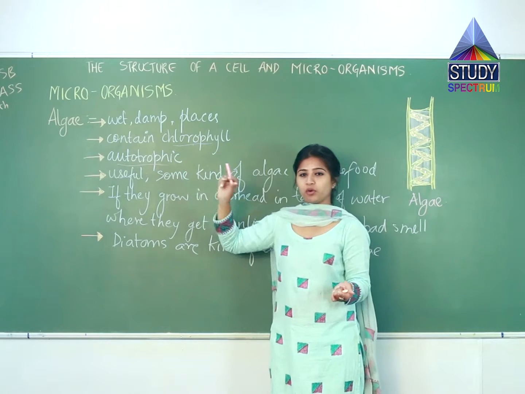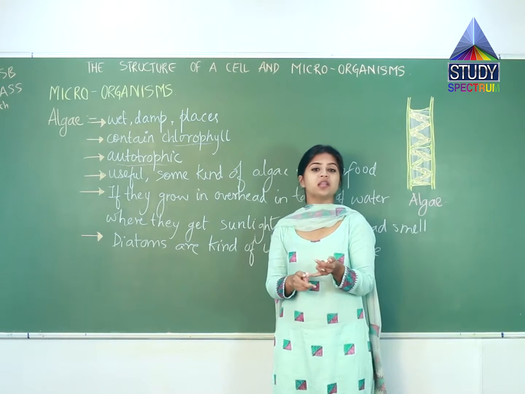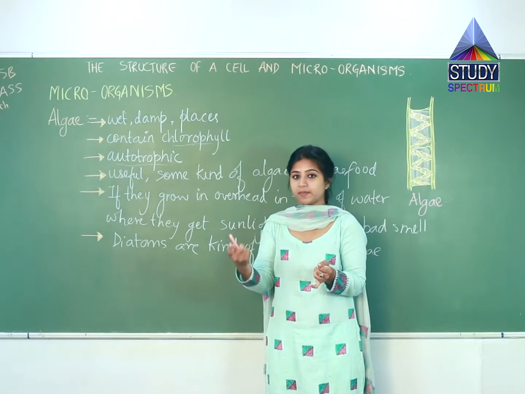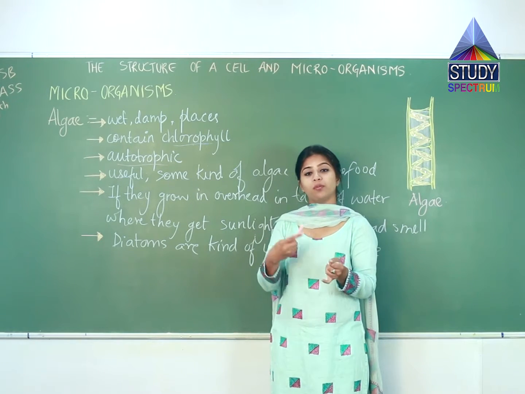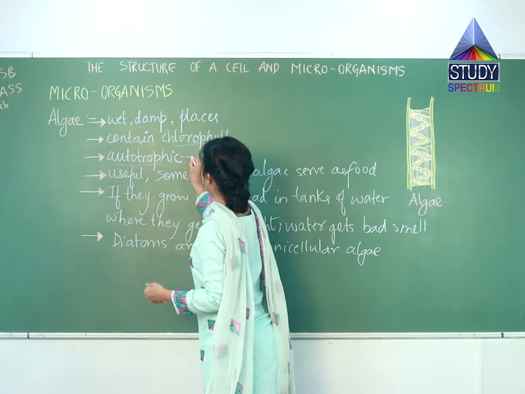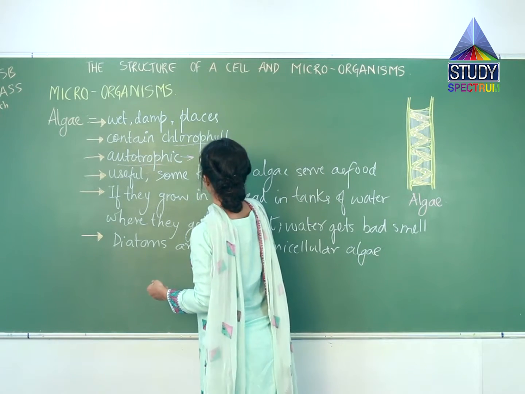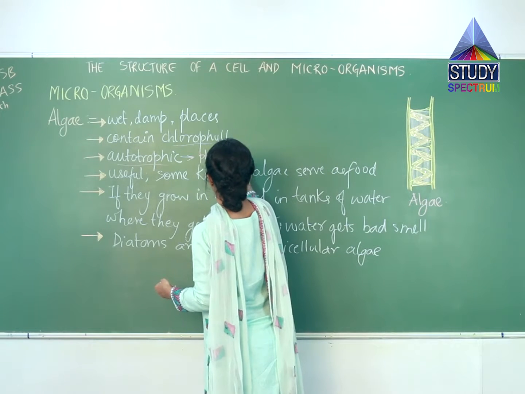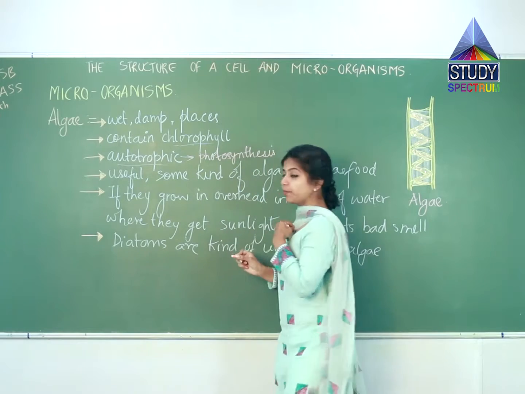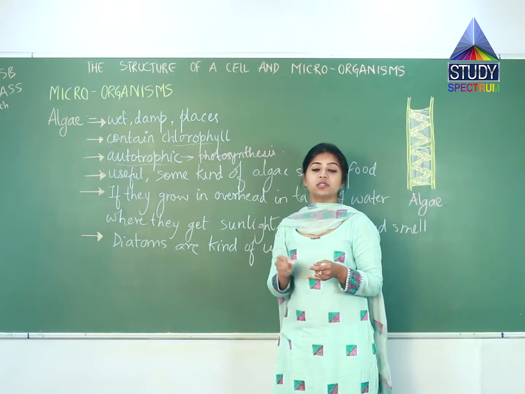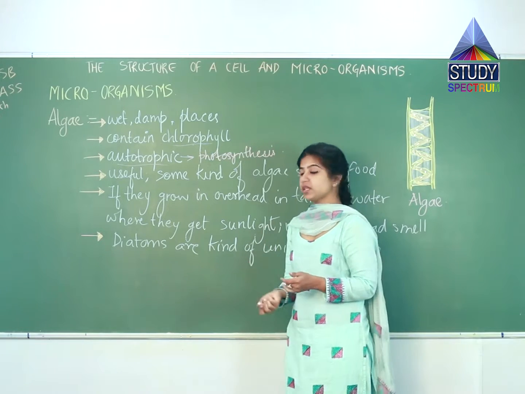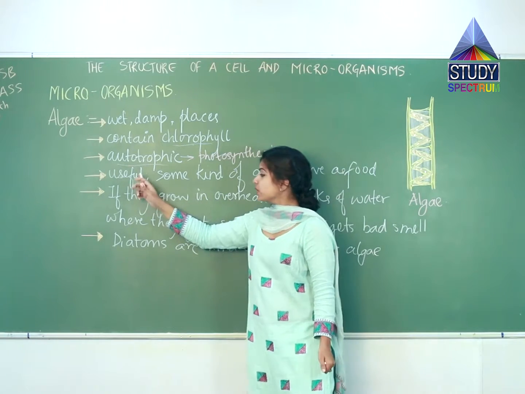So how will you define autotrophic plants? Autotrophic plants are the plants that are capable of producing food for themselves by the process of photosynthesis. So I will just write down photosynthesis over here, because that is the prime source by which plants make food for themselves and release oxygen in the air.